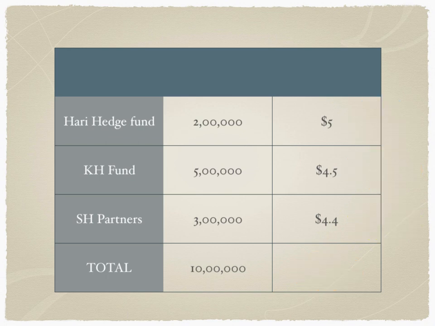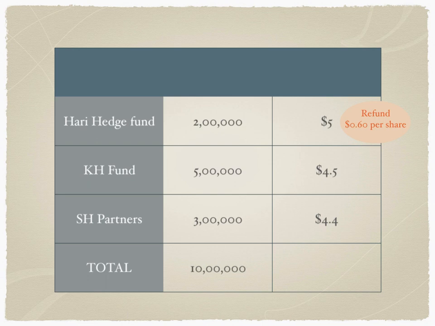Okay? Secondly, that makes no sense because we have multiple prices for each of these investors. So is it a different price for each one? No, we have determined that the IPO price is $4.40. Hari Hedge Fund has applied at $5. So they will get a refund of 60 cents per share. Okay?